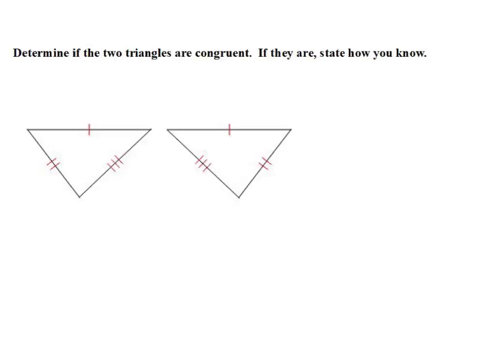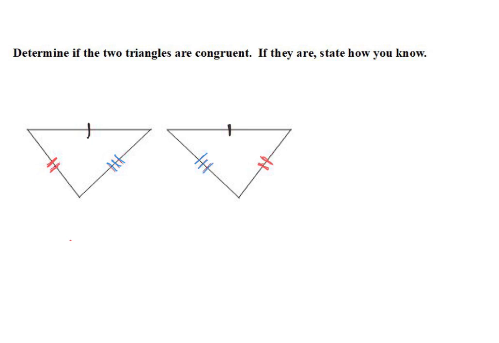So here, if we want to determine if the 2 triangles are congruent, we can. We are told that one side is congruent to a side of the other triangle. We're told a second side with the 2 tick marks is congruent to this other side of the triangle. And then here we have 3 tick marks and 3, so that means that side is also congruent.